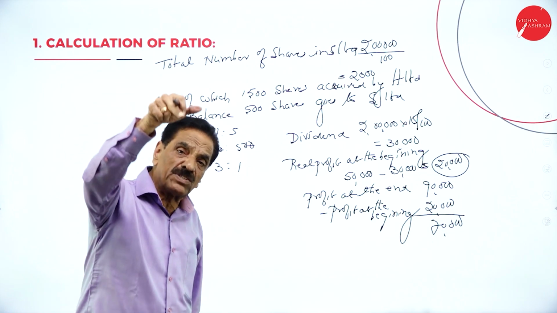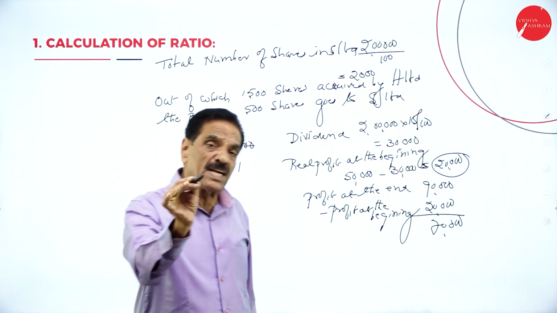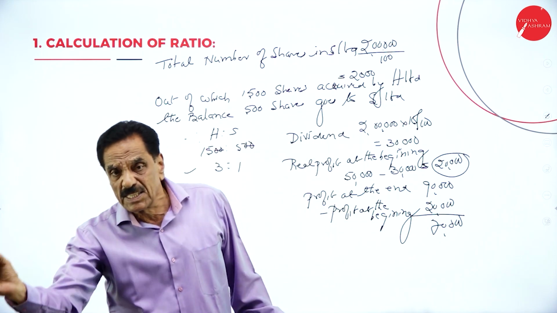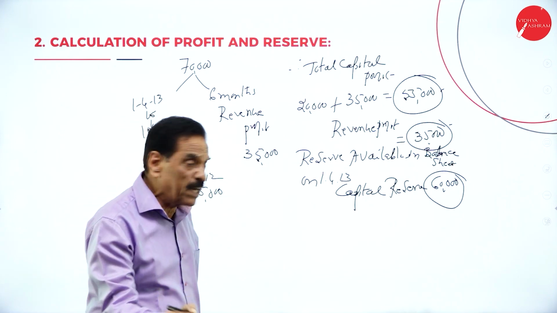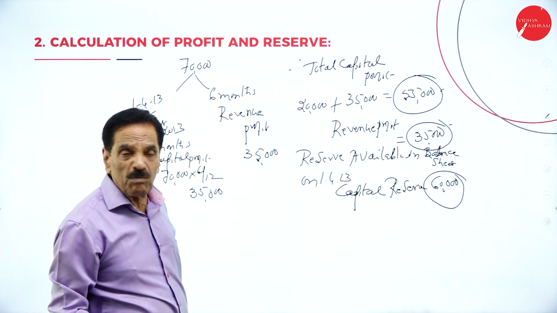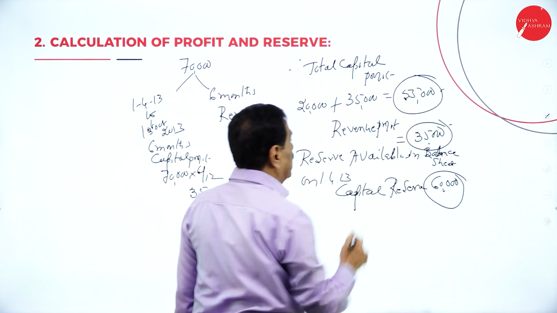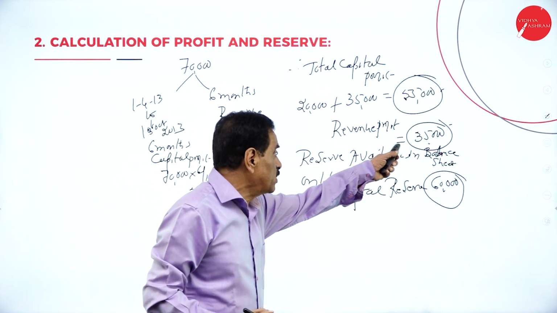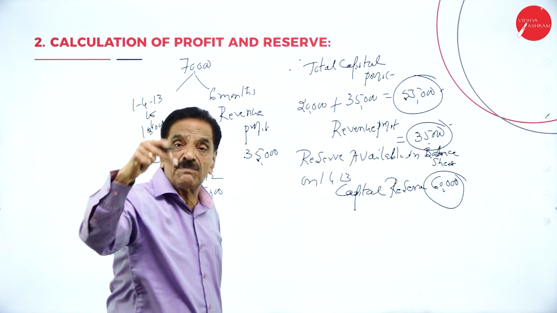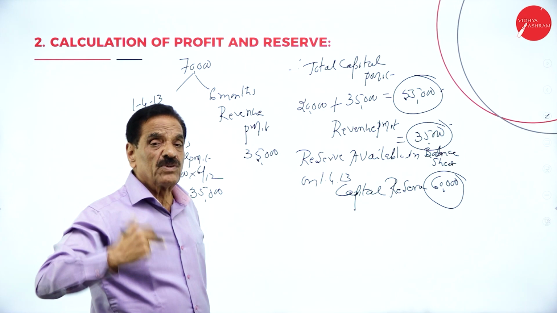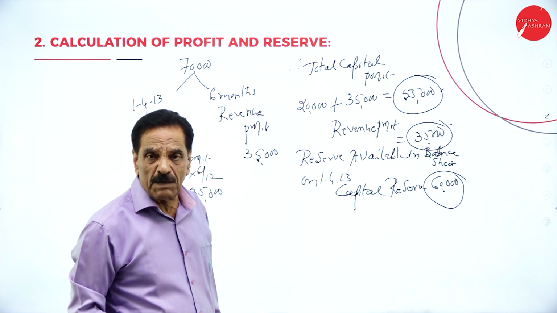But you acquire on 1st October, meaning after 6 months, so out of 70,000 profit during the year, 6 months profit is capital profit, another 6 months profit is revenue profit. So 35,000 is the capital profit, another 35,000 is the revenue profit. So total capital profit is 20 plus 35, 55,000, and revenue profit is 35,000. Reserve is available only at the beginning of the year, that's why it's called capital reserve. The end of the year reserve is not given separately, so the entire amount goes in favor of capital reserve.